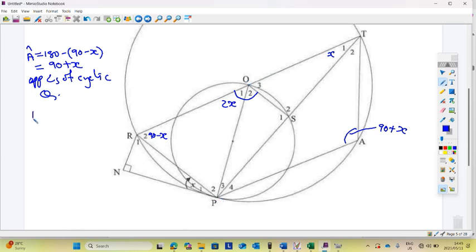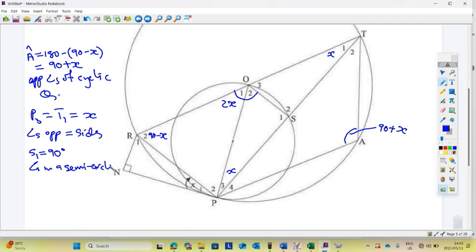So we are saying P3 is equal to T1, and that is equal to x. And this is angles opposite equal sides. So this is x equal to this one because it's an isosceles triangle. And then we also stated that S1 is equal to 90 degrees, and the reason for that, angle in a semicircle. So this is 90 here.